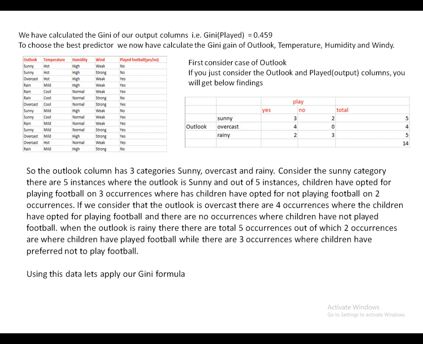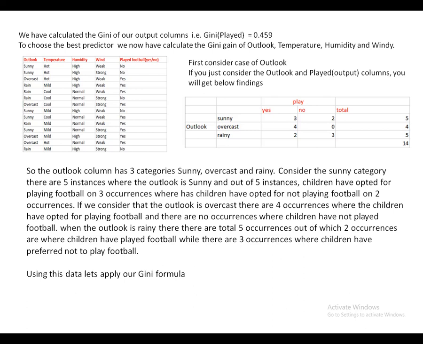The outlook column has three categories: sunny, overcast, and rainy. Consider the sunny category. There are 5 instances where the outlook is sunny, and out of 5 instances, children have opted for playing football on 3 occurrences, whereas children have opted for not playing football on 2 occurrences.